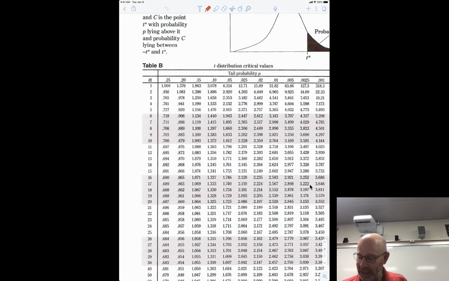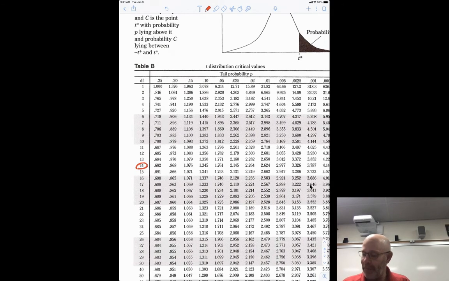15 was the sample size, which means my degrees of freedom is 14. Our tail probability was all 10% on the right-hand side. So you can see 1.345. We're on the negative side, so that would actually be negative 1.345.